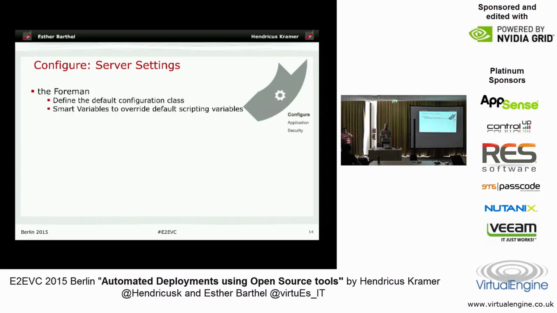All licensing servers are added to a host group for licensing servers, a host group for StoreFronts, and so on. The only thing you have to do later, if you add more servers, is add them to a host group and Puppet does the trick.